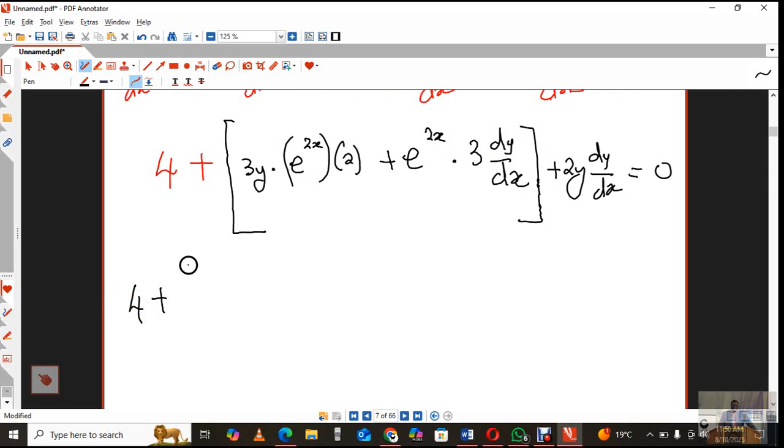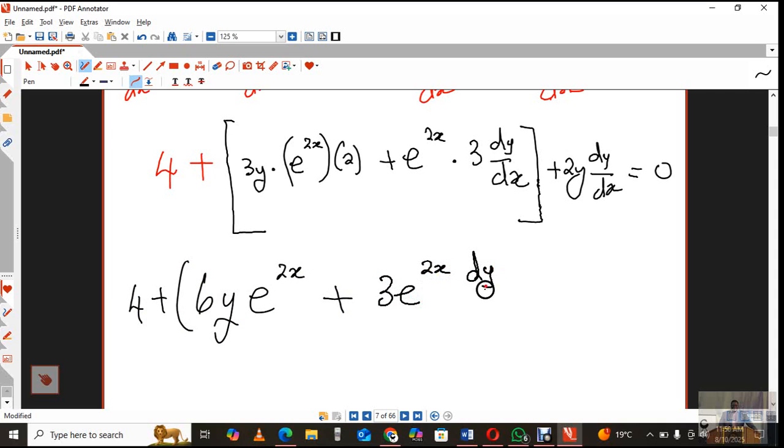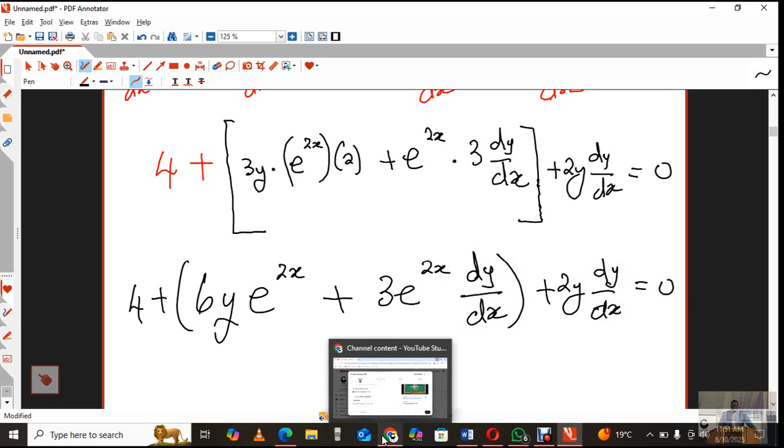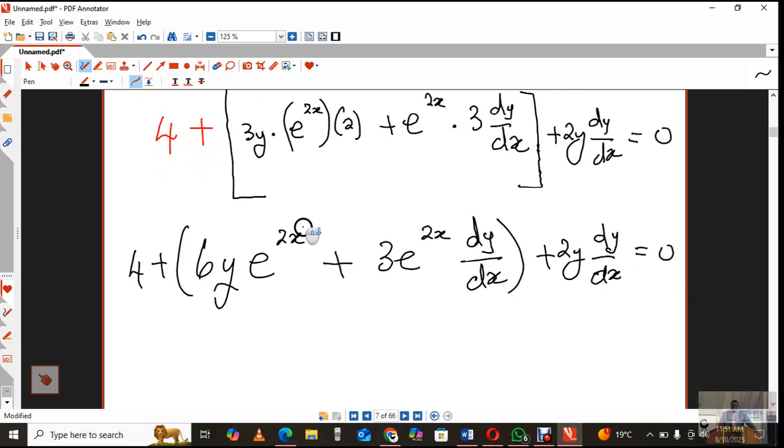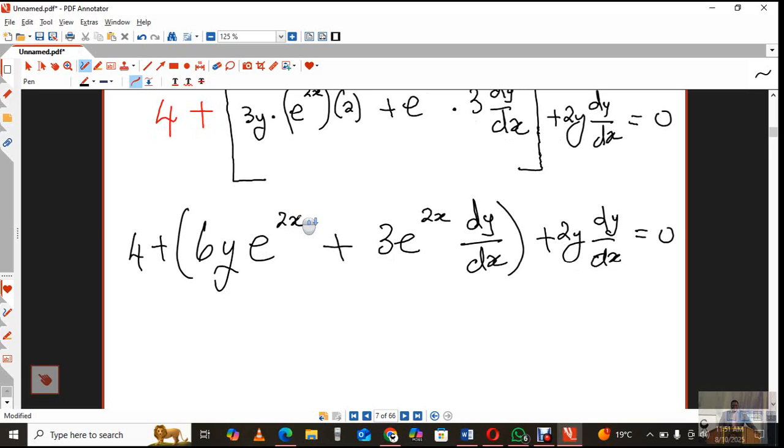So I have 3 times 2, that is 6y e raised to the power of 2x, plus 3 e raised to the power of 2x, then dy dx here. Let's just continue with the bracket equal to 0. Where does that leave me?